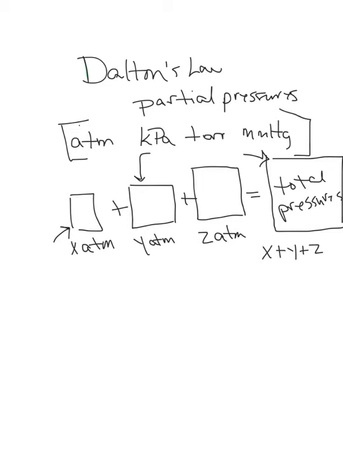But for our purposes, if you can understand that Dalton's law is all the partial pressures added together, then we're on the right track. There's no graph that goes with Dalton's law because we're not comparing pressure and temperature or anything. We're not comparing multiple variables. We're only looking at pressure.